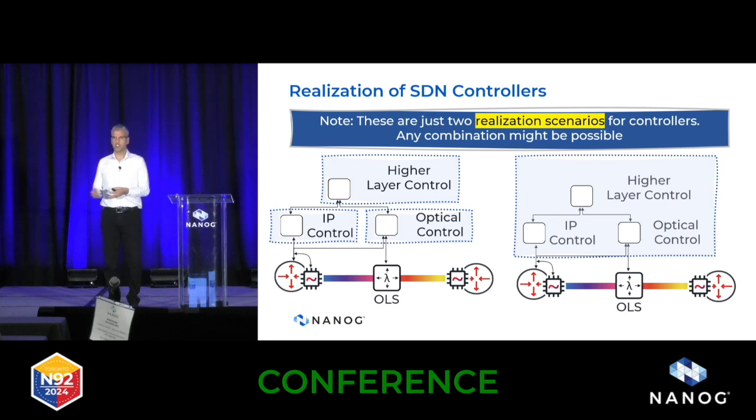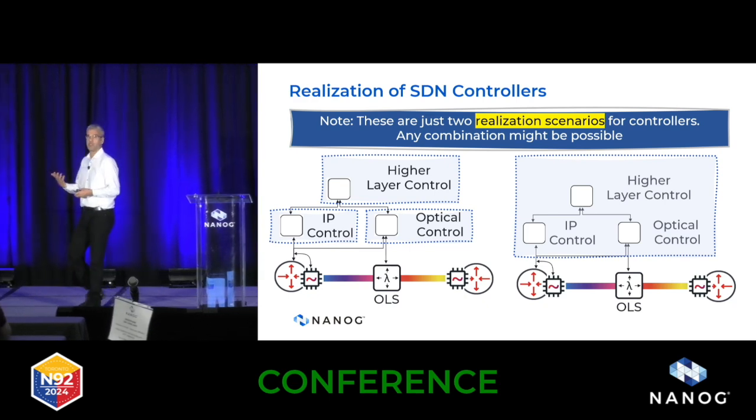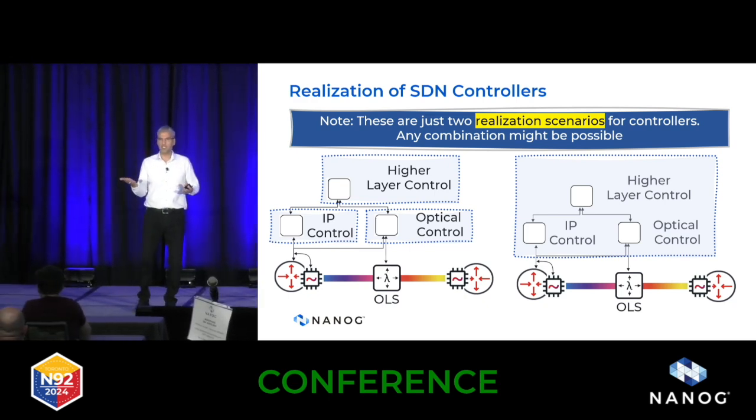On the right-hand side, there is 1 box which is doing all this. Now these are realizations or implementations. And you can imagine that any combination of this might be valid, depending on your use case, depending on the way that you want to do it.